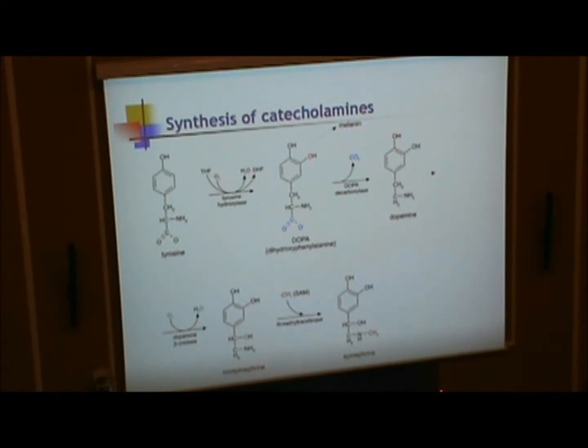Tetrahydrobiopterin is a coenzyme. An oxygen molecule participates in this process. One oxygen incorporates at this point, forming a hydroxy group. The other oxygen atom interacts with hydrogen, forming a water molecule.